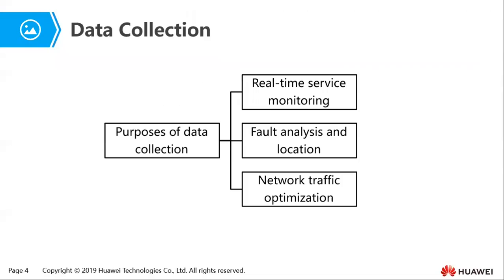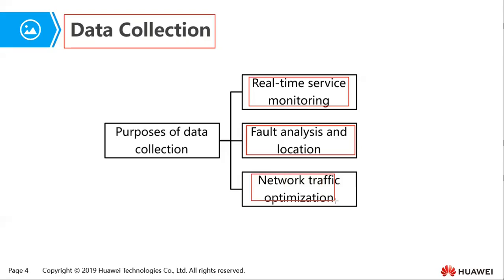So let's look at the background of mirroring. Now, mirroring is used for data collection in your network. So why do we need to collect data? Why do we need to collect, for example, packets in your network? So we need to do that in order to do what we call real-time service monitoring, also for fault analysis and location, so that we can know, for example, where there is a problem in your network.